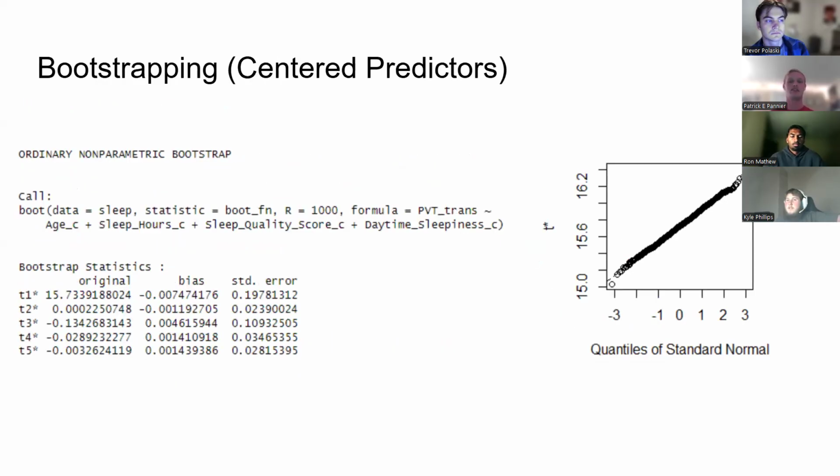And then I bootstrapped the centered predictors, which basically put things right on the line. It did shrink the bootstrap confidence intervals quite a bit. Some of them contained 0, some of them did not, but it didn't really do much.